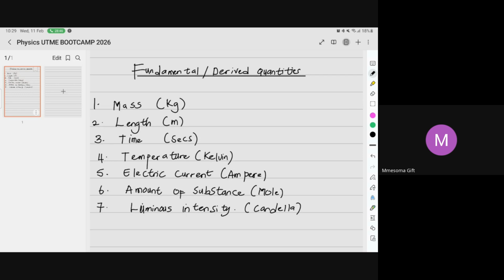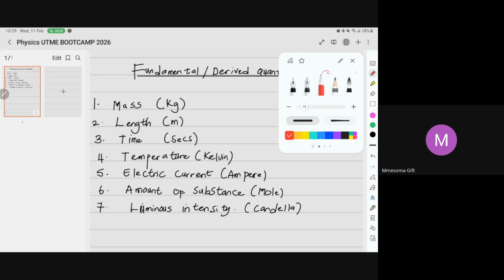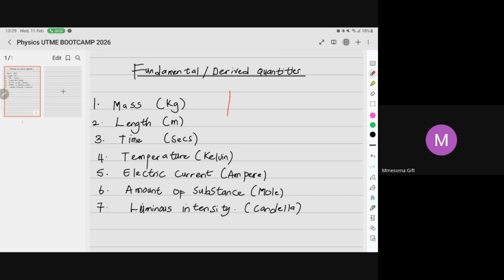It's going to be a quick one. But before that, these three are the key ones as far as physics is concerned, where you start seeing MLT, which we use for dimensioning.